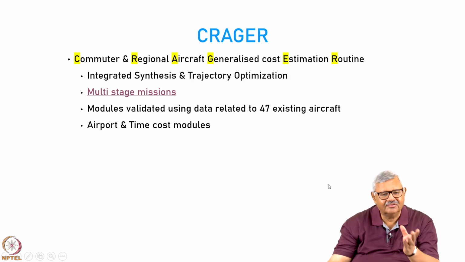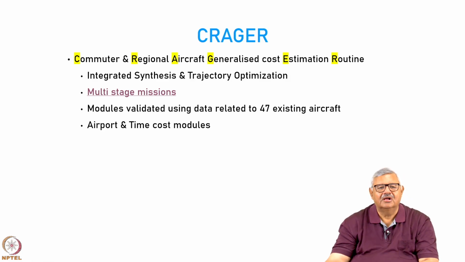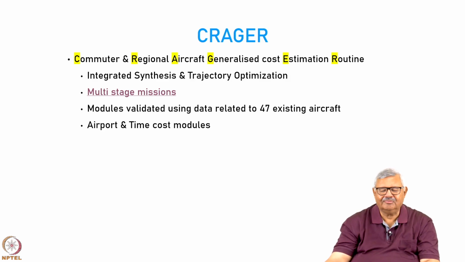It has interesting modules called the airport module, the airport cost module and the time cost module. The time cost module is very simple, you just multiply the value of time with the summation of time spent in excess, in travel and in deferring.